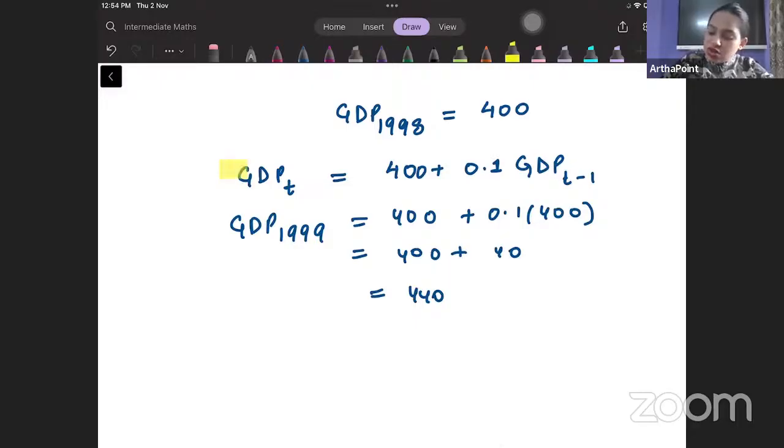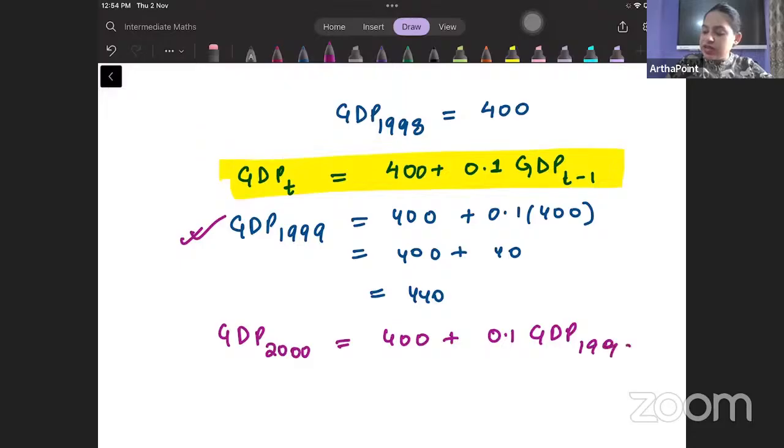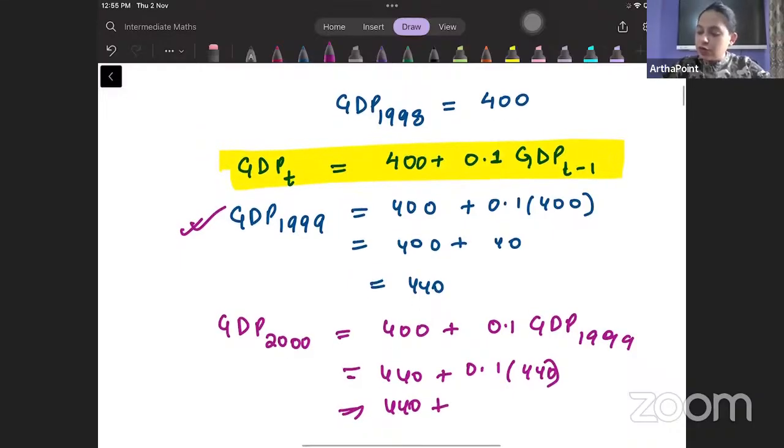So through this generalized equation, I have been able to find the GDP of the next year. But I can find GDP of 2000 also. It will be 400 plus 0.1 GDP of 1999. 400 plus 0.1 into 440, 440. What have I done? 440 होगा ना? 440.